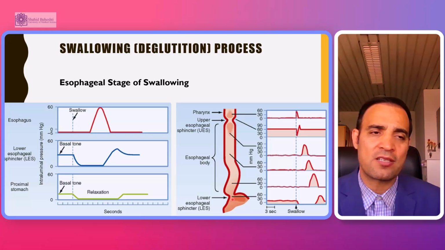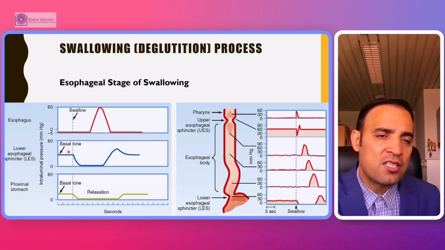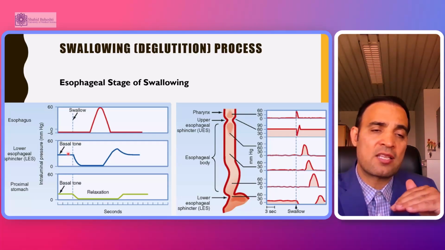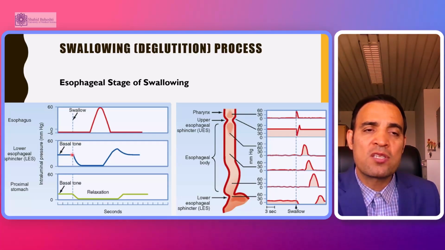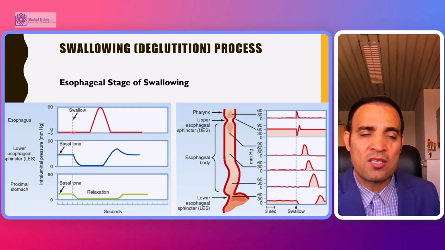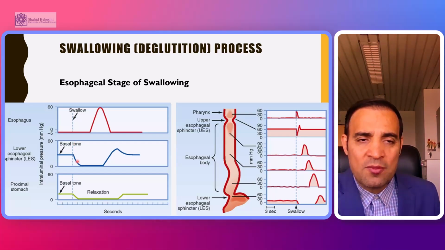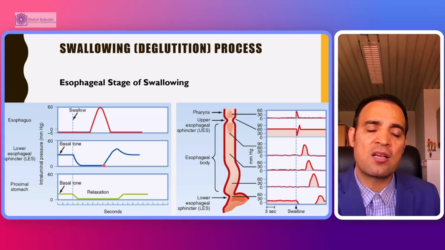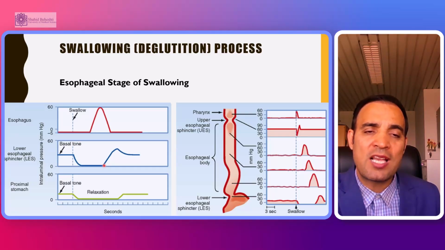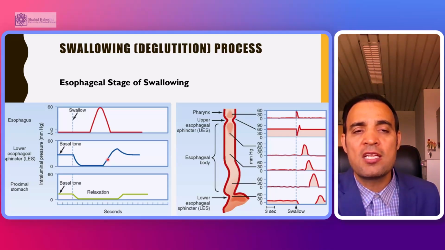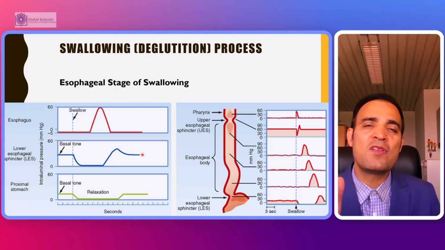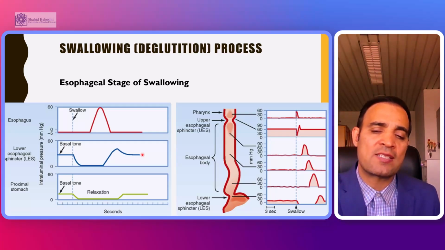This figure clearly shows that normally it has a basal tone or contractile state. But when swallowing starts, over time, this will be relaxed and remain relaxed until the food completely passes through the lower esophageal sphincter. As you see, after this passage, it will be contracted again and increase its tone. It shows that it will open just during this swallowing state.